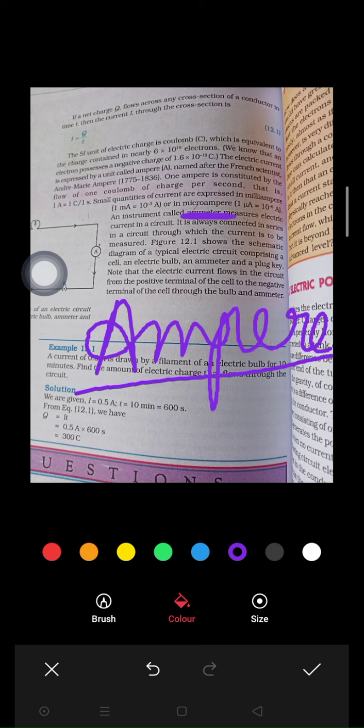Electric current is measured in amperes, and ammeter is the instrument.